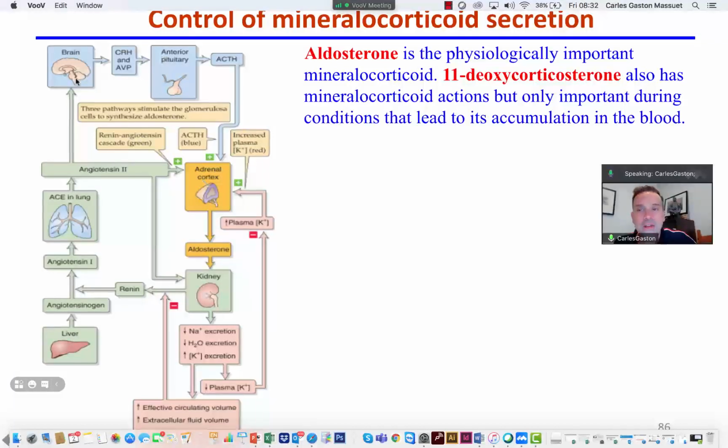This is a very busy scheme, but it shows you a little bit of everything that is going on with aldosterone, which works with the angiotensin and renin system, and the final goal is to act on the kidney to maintain the levels of sodium, potassium and water.